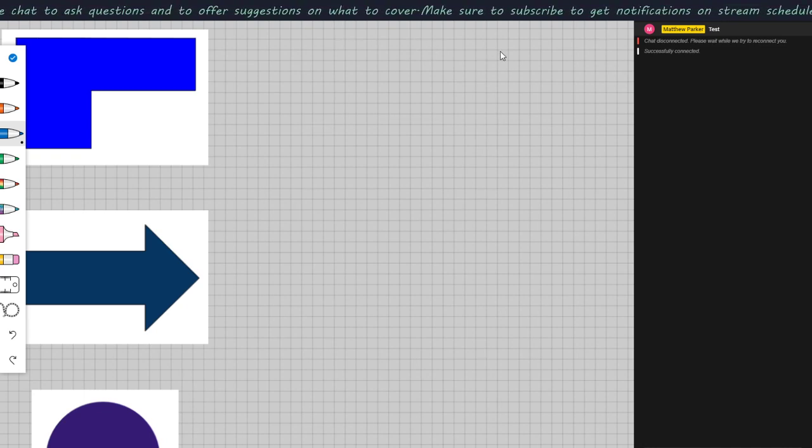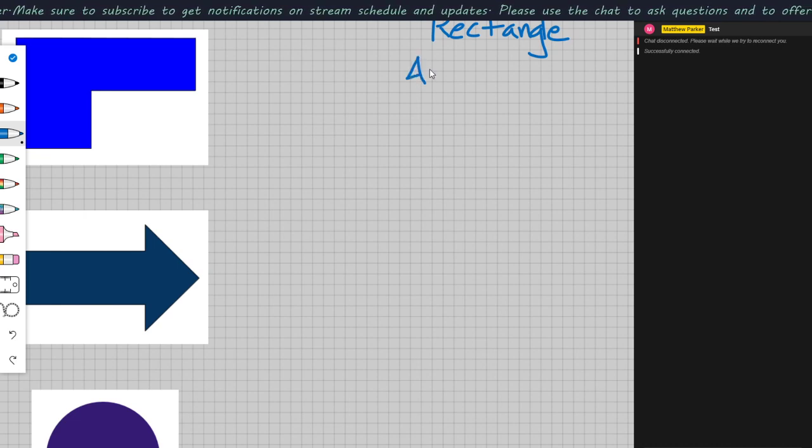So, example for a rectangle. Area of a rectangle, length times width.